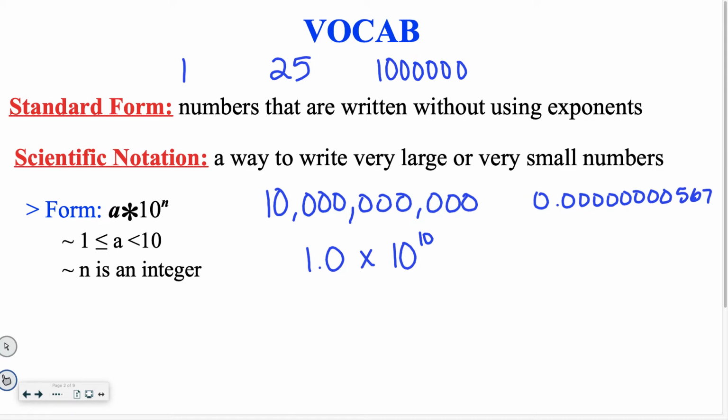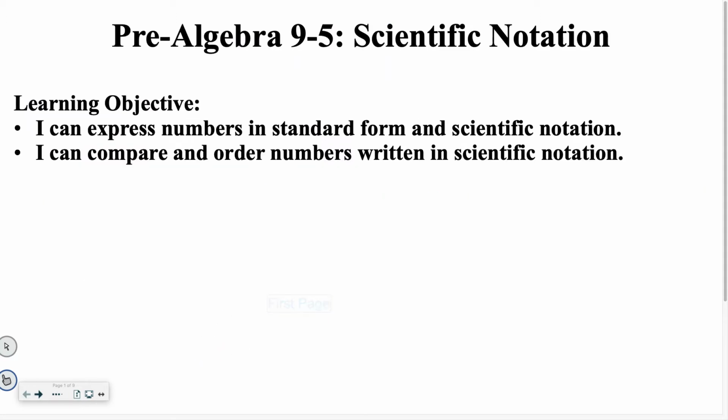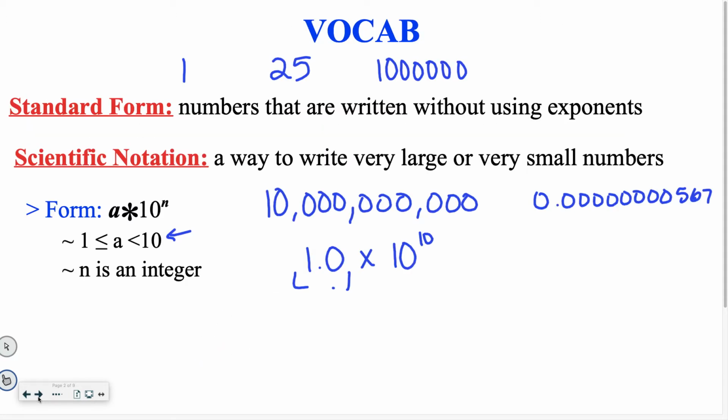Okay, so the form is always a number, which has to be between 1 and 10. It can be 1, but it has to be less than 10. So I couldn't say 10 times 10 to the 10th. I would have to change that number to be a 1. I'll show you what I mean by that on the next couple of slides, okay?